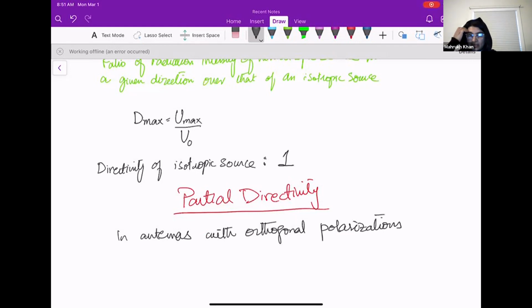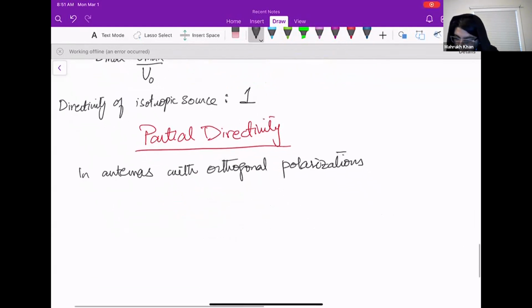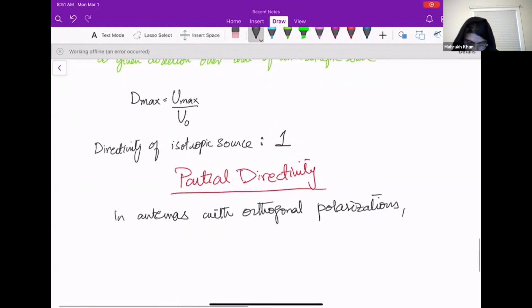For now, you can think that there are antennas that are vertically polarized and antennas that are horizontally polarized. Vertically polarized antennas send energy only in the vertical direction, which is the direction of your electric field, and horizontally polarized antennas send energy only in the horizontal direction. So it's related to direction. For antennas with orthogonal polarization, we define partial directivity.